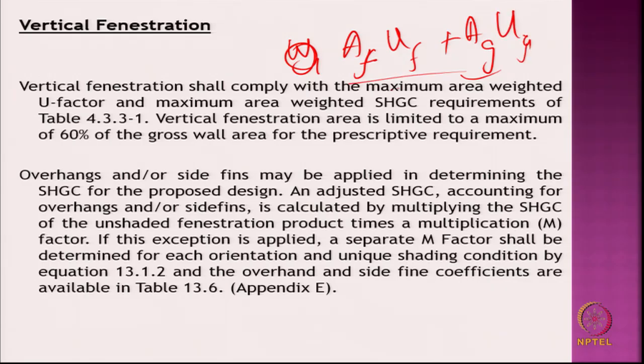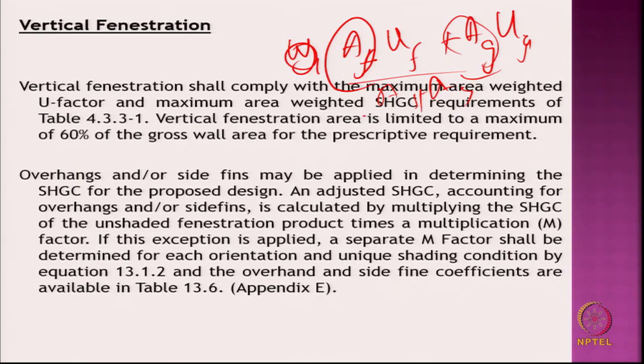This divided by the total area, A_F plus A_G, will be the area weighted average value of the U. So, fraction of the area of the frame multiplied by the U of the frame, plus fraction of the area of the glass multiplied by U of the glass, that is the area weighted U factor.